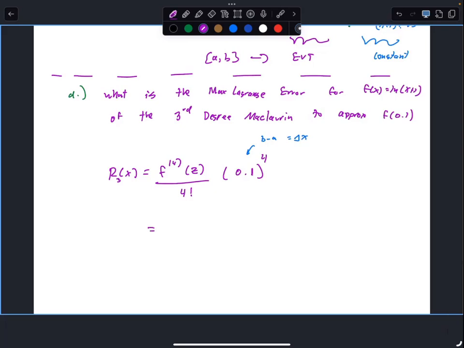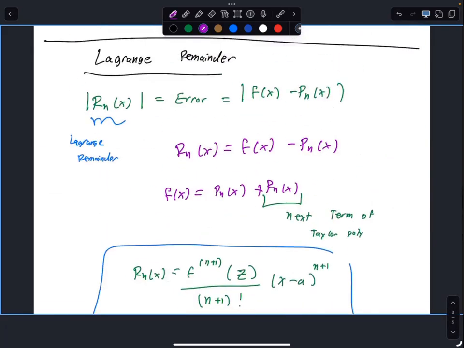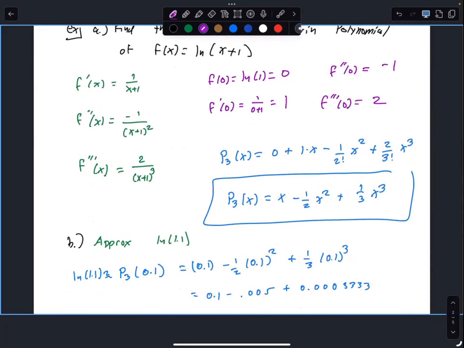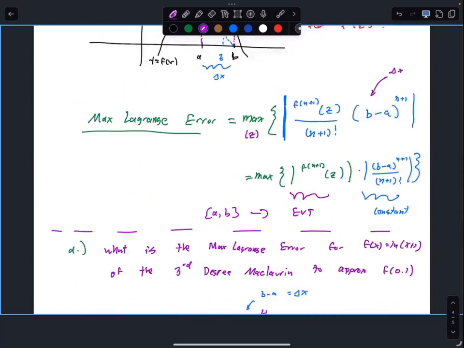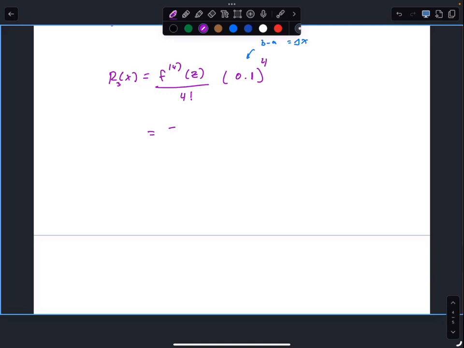All right, which is equal to, well, the fourth derivative, which we never found, the fourth derivative would be what? Negative 6? So f4 of x would have been negative 6 over x plus 1 to the fourth power.